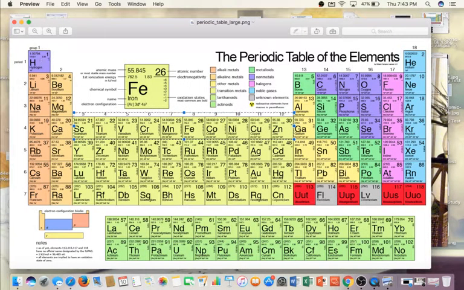So 1S, 2P, then 3P. And then you just go straight down, meaning that if this is your 1S, this would be your 2S, this would be your 3S, 4S, 5S, 6S, 7S.